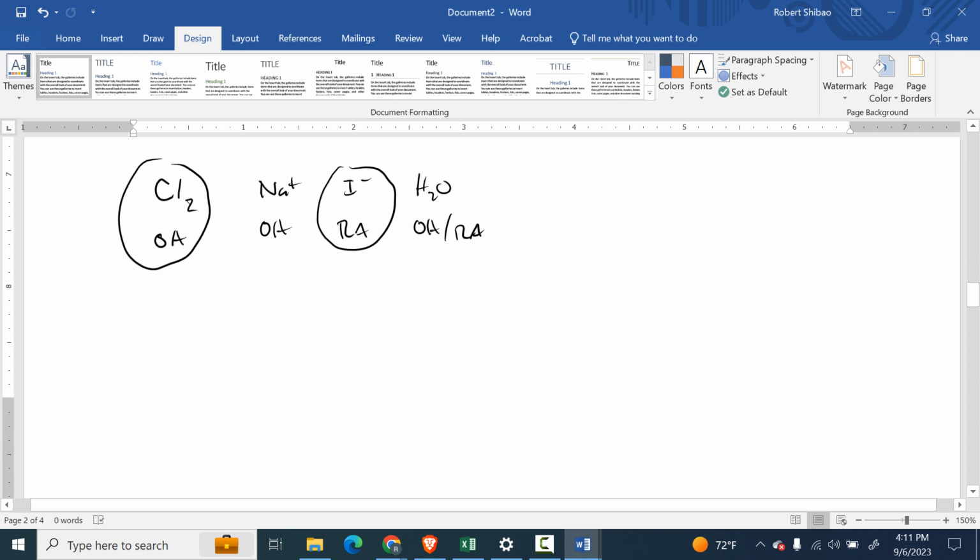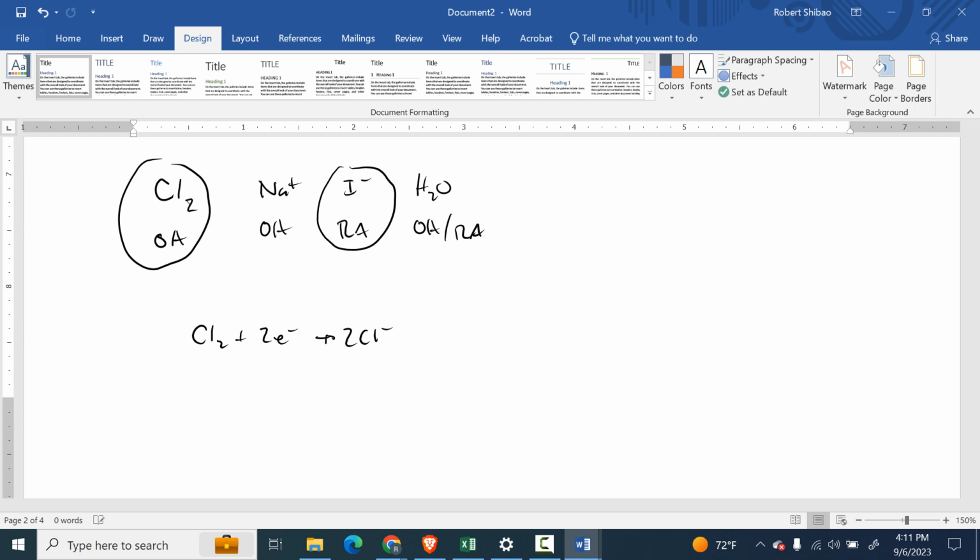And so what we're going to do is just copy the equation for chlorine right off the chart. Chlorine plus 2 electrons yields 2 chlorides. But we're not going to copy the equation for iodide right off the chart because iodide is a reactant. So I have to get iodide on the reactant side, the left side, so I'm just going to flip the equation. On the chart, iodide's on the right side. In my reaction, iodide's on the left side.